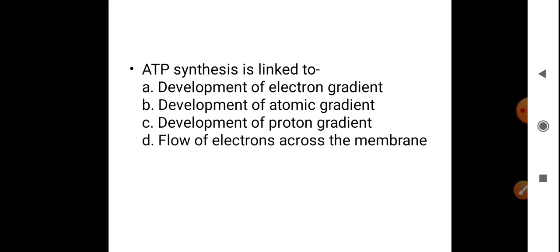As we studied in the chemiosmotic hypothesis, the answer is option C, development of the proton gradient, because the electron is transferred from photosystem 2 to photosystem 1. It is only the proton which, when it comes from the lumen to the stroma through the F0 and F1 particles, helps in the formation of ATP.